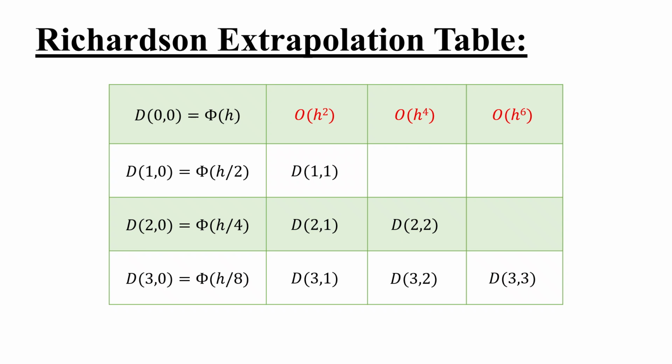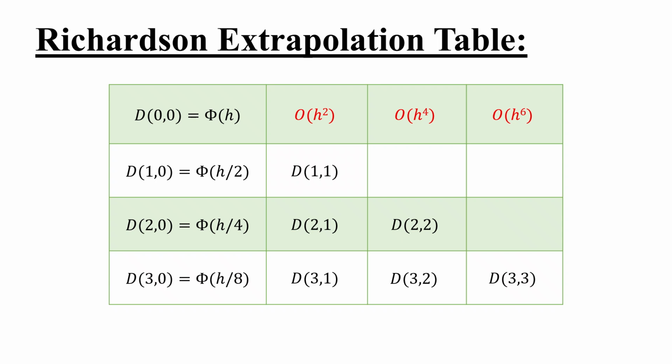But if we move along the diagonal, we get much better results because we are reducing h and also improving the higher order term, for which we need to include more points. So in the first column, which is very important, you see that it is written as D00.